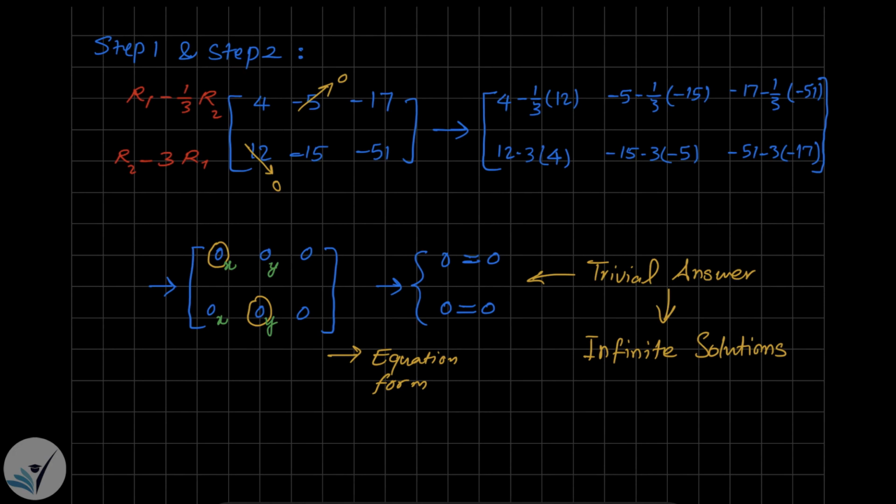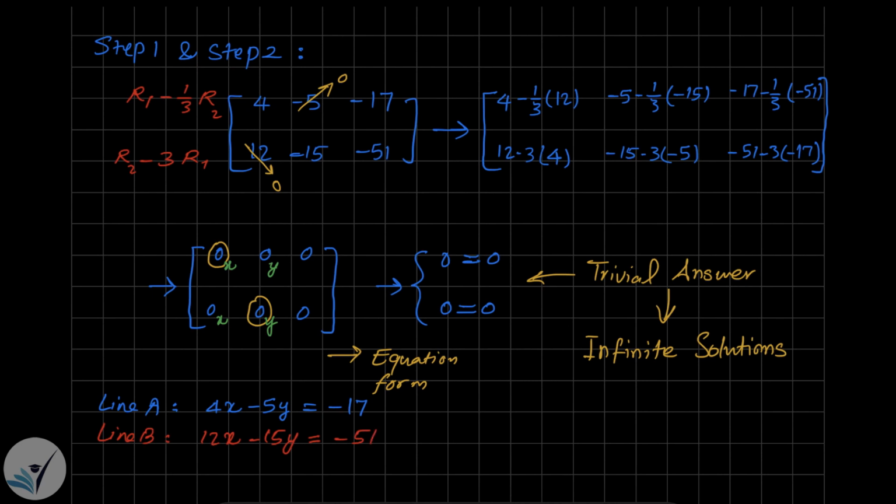If we rewrite the equation, you see that this is the case here. So one of the lines, let's call it line A, was 4x minus 5y equals negative 17, and the other line, let's call it line B, was 12x minus 15y equals negative 51.